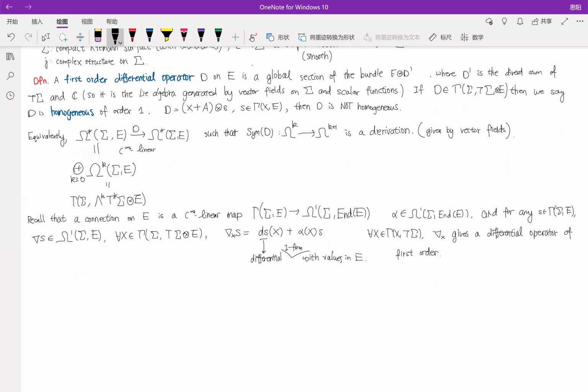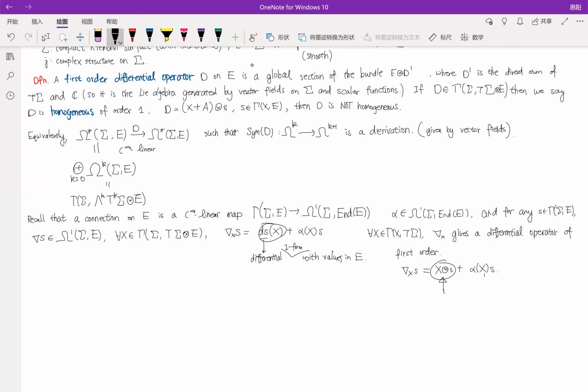Yes, because we know that nabla x s we can view it as x derivative of s, plus alpha of x times s. And this is the same as this because a differential operator will map any section to the tensor bundle, and this acts as the first order term, and this acts as the zeroth order term.